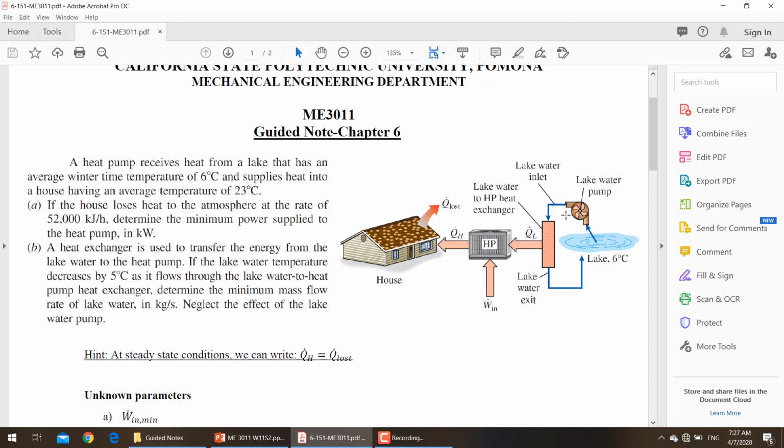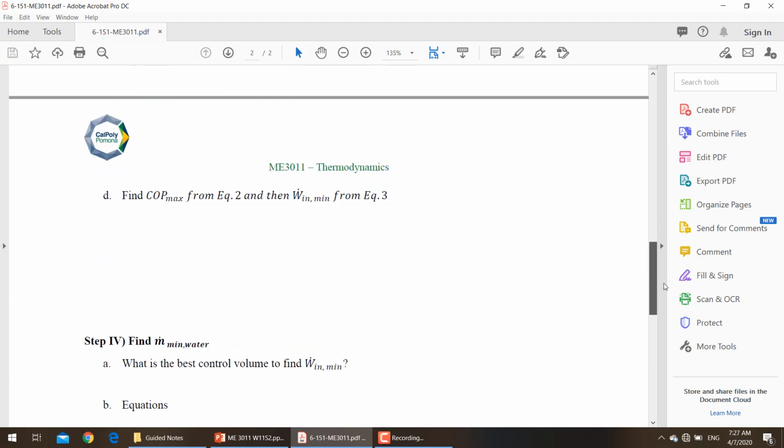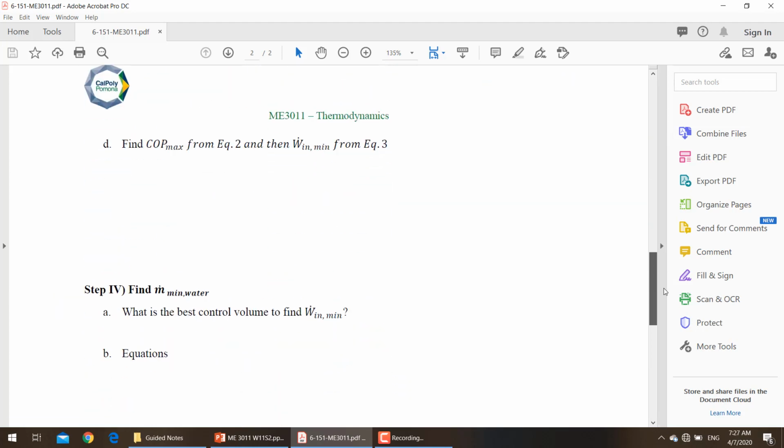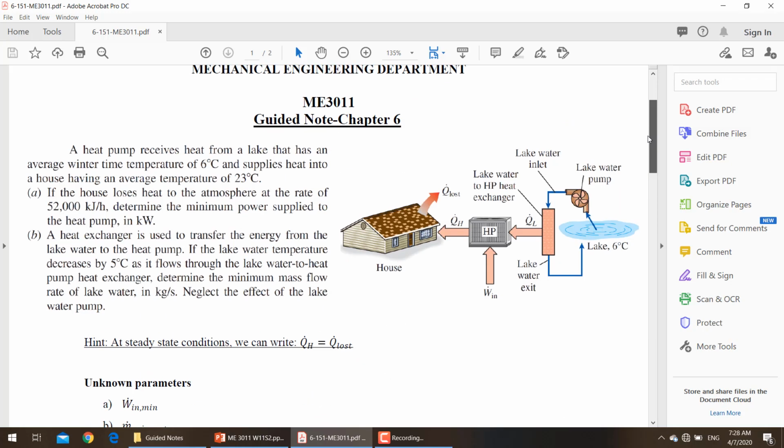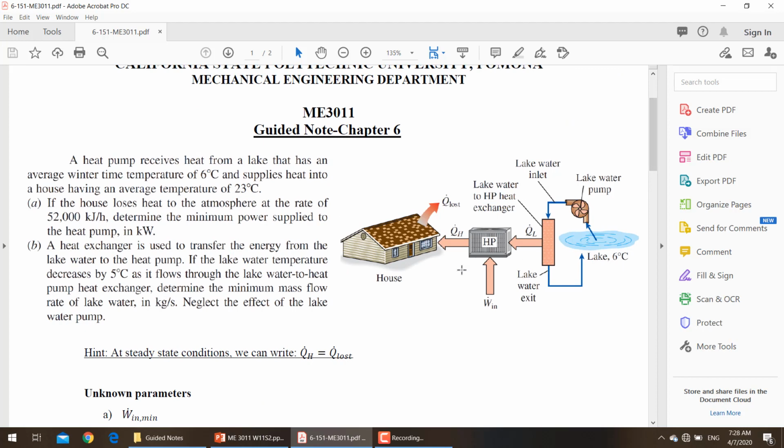If you select this heat exchanger as a control volume, this M dot crosses the boundaries. So the heat exchanger is the best one, correct? Now please spend 2 minutes and then list the equations that you can use to find the M dot for water based on this control volume.